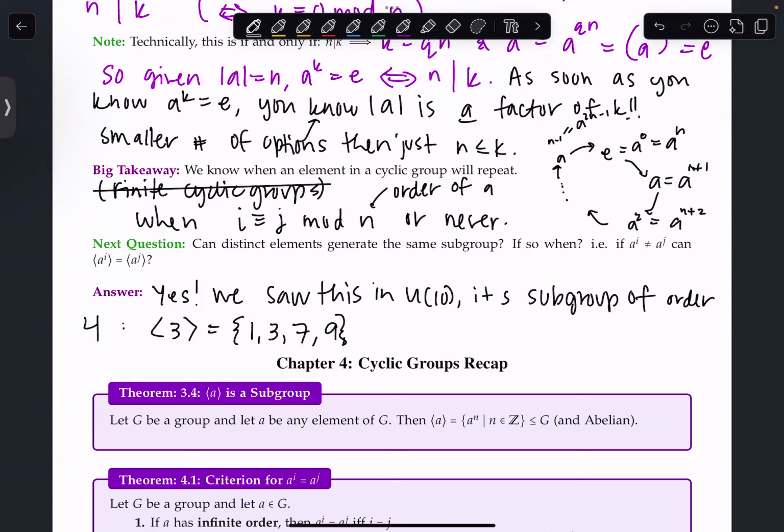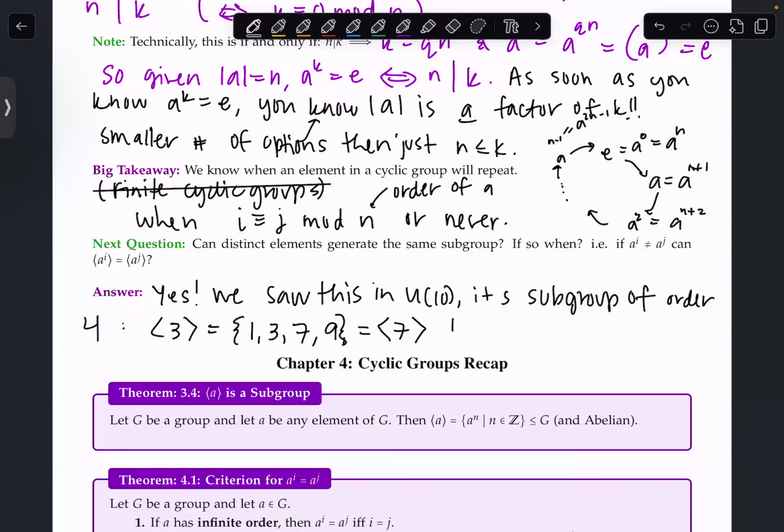So I get the elements 1, 3, 7, 9. But these will be exactly the same as the group generated by 7. If I did 7 squared, I get 49 or 9. If I did 7 cubed, I get 9 times 7, which is 63 or 3. And if I took it to the 4th power, I get back 1.